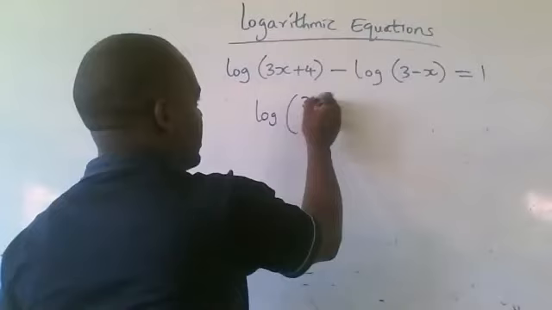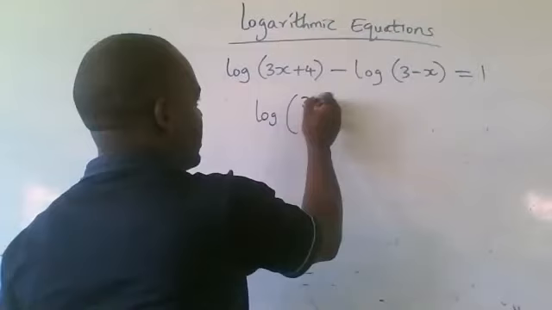You can write it as 10 over 1. And then you cross multiply. I have 3x plus 4 is equal to 10 into 3 minus x. And this is 30 minus 10x. You solve the equation. What happens when you cross the equal sign?